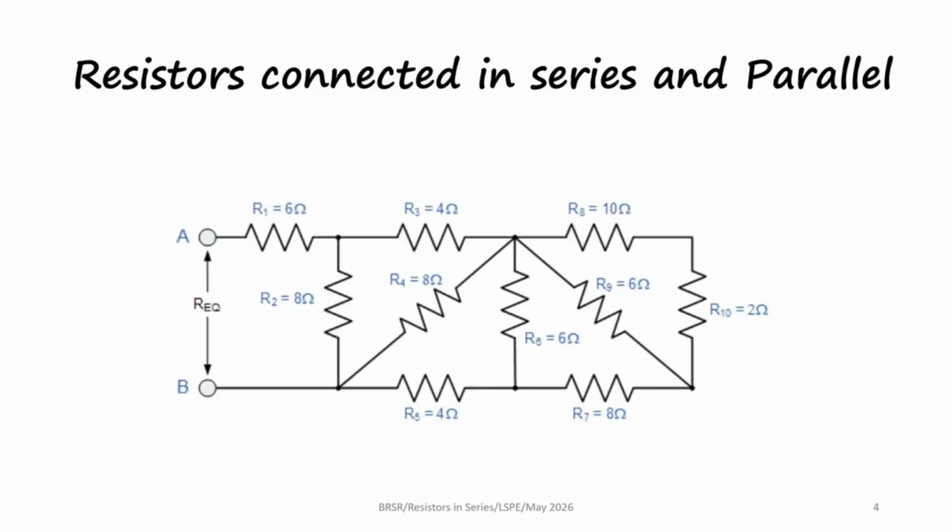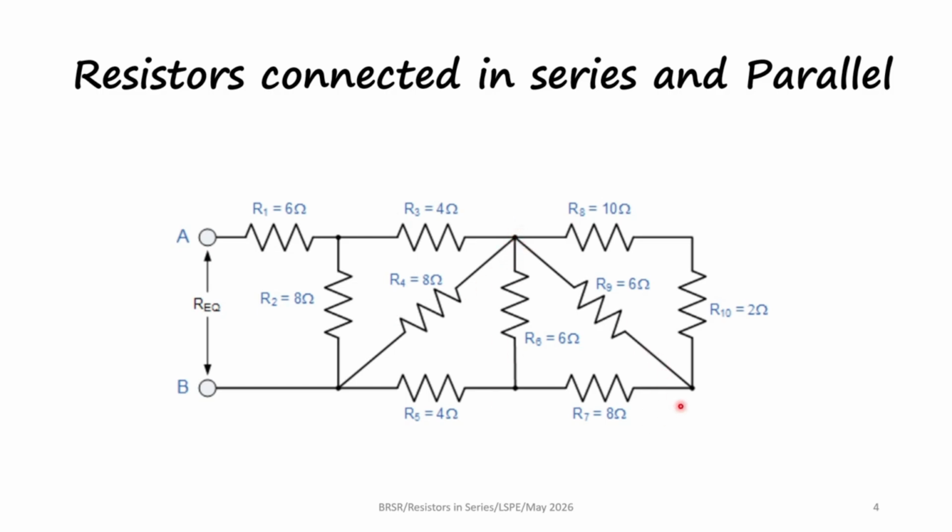Let us see how the resistors are connected in this picture. Here we see that there are a number of resistors connected. We say that this 10 ohm resistor and the 2 ohm resistor are connected in series because there is a junction formed between these two resistors that contains no branching. Whereas we cannot say that this 4 ohms and 10 ohms are connected in series because at the junction there are different connections going.